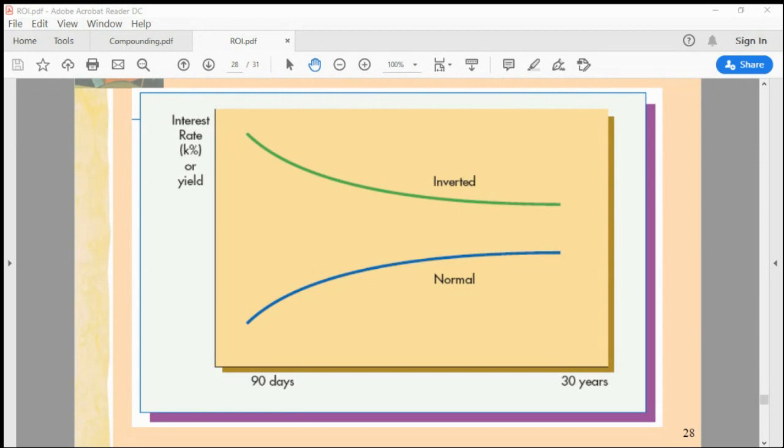Why isn't it opening? Oh, okay. It is a clear evidence, and a very recent one, of that inverted yield curve.